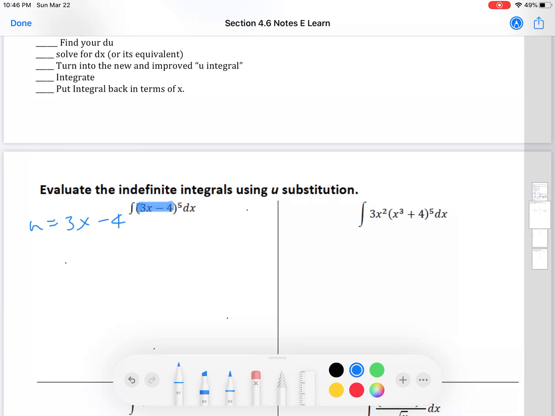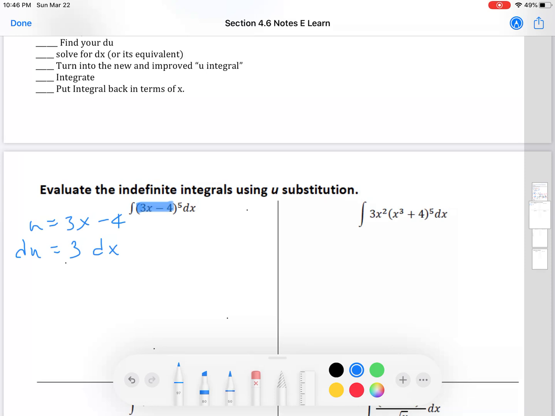And then our du is going to be 3, and we actually include a dx to signify that that is our derivative of sorts. So we always put a dx after we do the du.